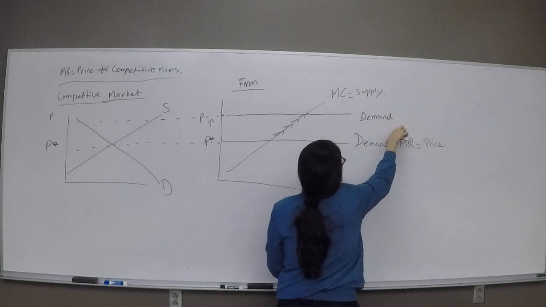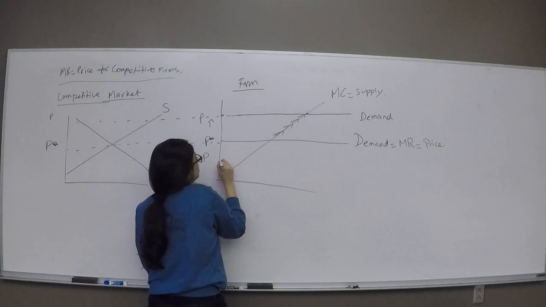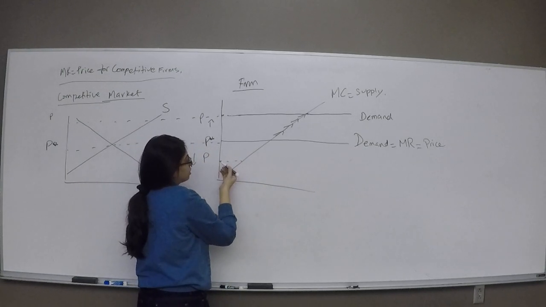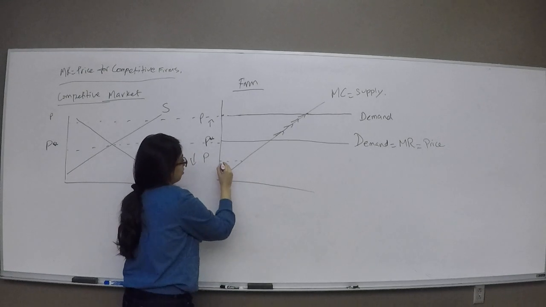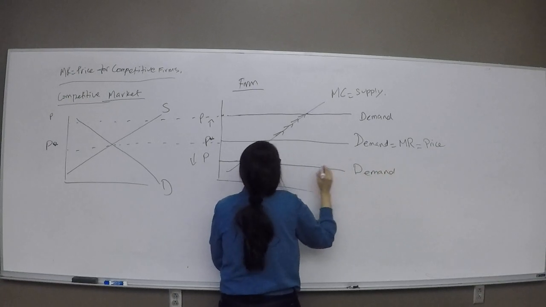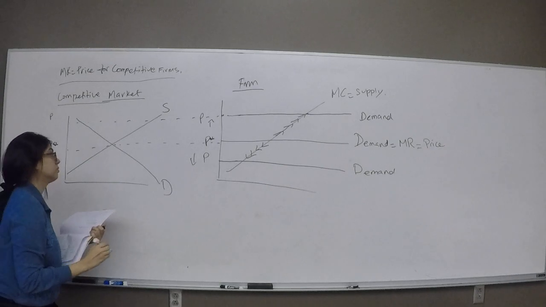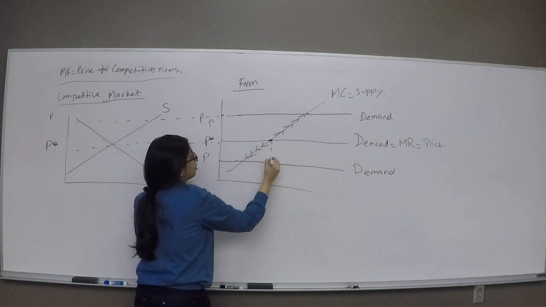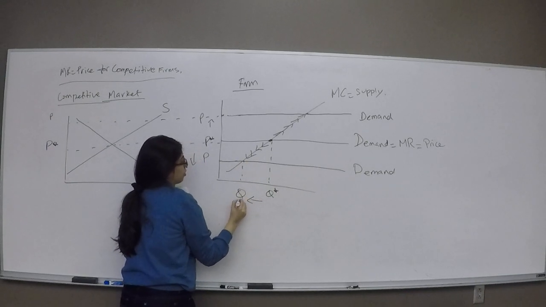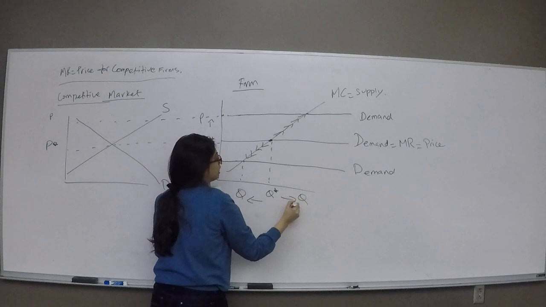If the price goes down, supply will go down. Suppliers would not be interested in making the product because it's not a money-making product. So initially, quantity was here, Q star. Quantity produced decreased when price went down. Quantity produced increased when price went up.